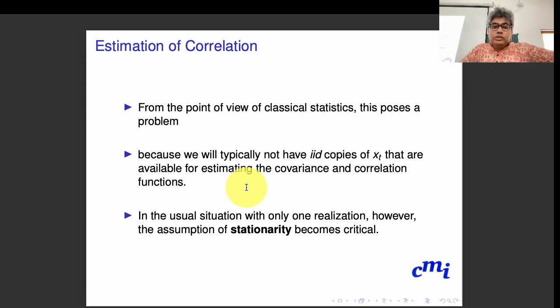In the usual situation, with only one realization of the time series, the assumption of stationarity becomes critical. If we do not have the assumption of stationarity, then we will not be able to estimate the parameters of the time series model.